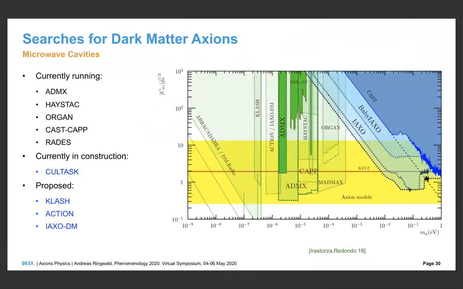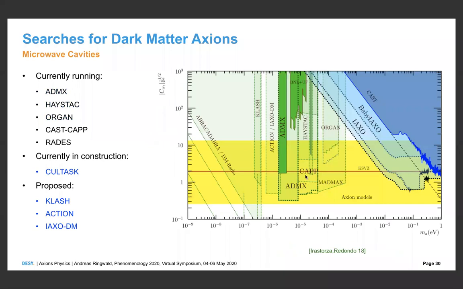There are now many other experiments currently in construction, like CAPP at the Center for Axion and Precision Physics in Korea, and proposed experiments like CLASH, and so on.